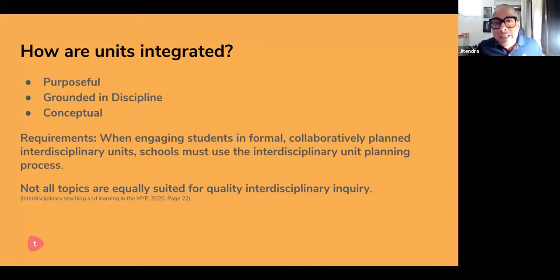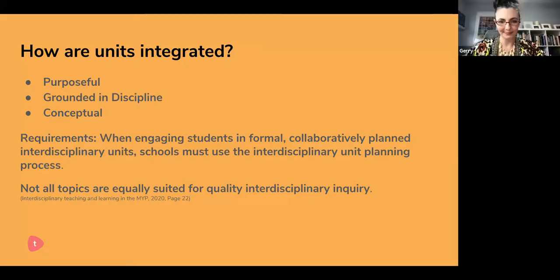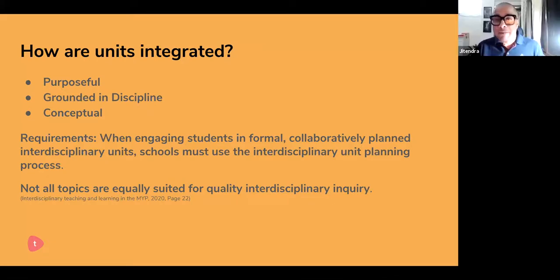So it's important that we are creating units that are meaningful, they're grounded in discipline, and they are conceptual. It's quite important that we are thinking from broad parameters of concepts. One of the most interesting things that the IB recommends as a requirement, Gurpreet, is that they need to be formal.